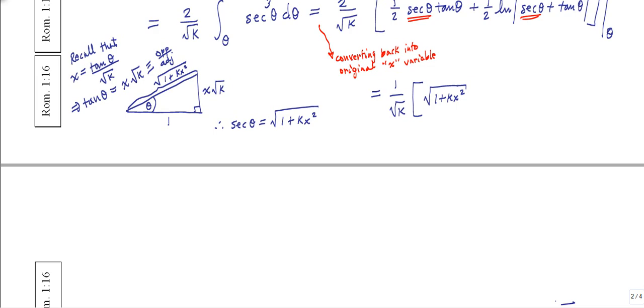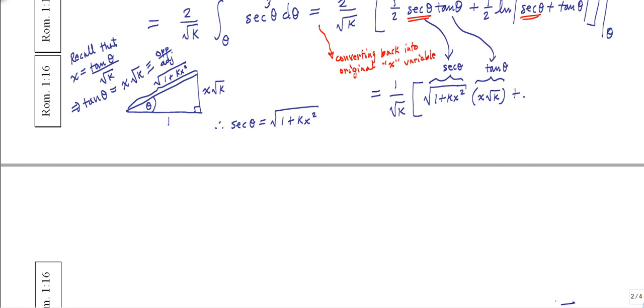Tangent of theta, we said, is x times radical k. Okay, so this is the tangent of theta, and this is the secant of theta, which is that term and this term respectively. And then we have plus, we don't have that half because it got cancelled with the 2 out there.